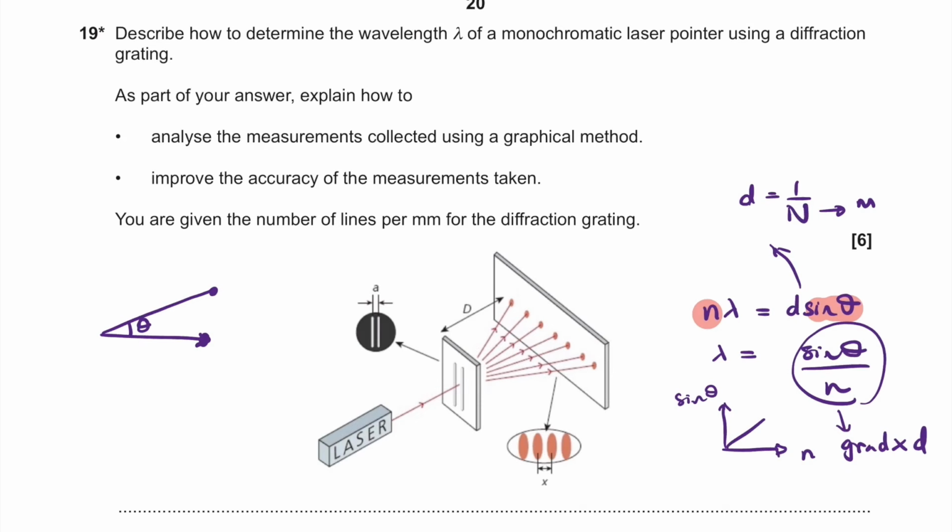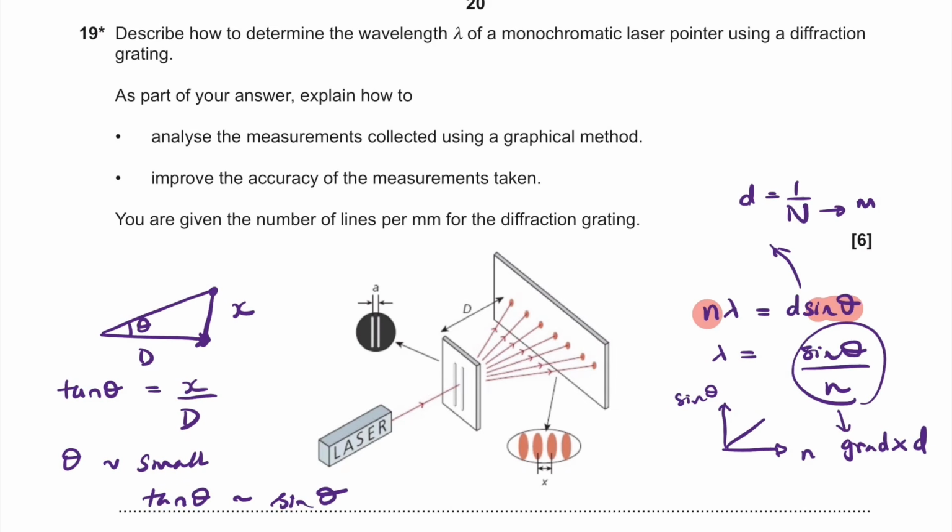Now in terms of SOHCAHTOA, we know that this is d and this is x, which is the distance between the bright fringes. So technically tan theta is equal to x over d, but we know that theta is very small. That means that tan theta can be approximated to sine theta.